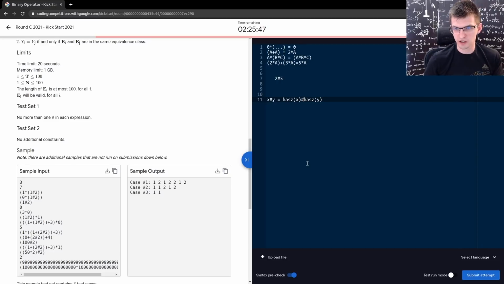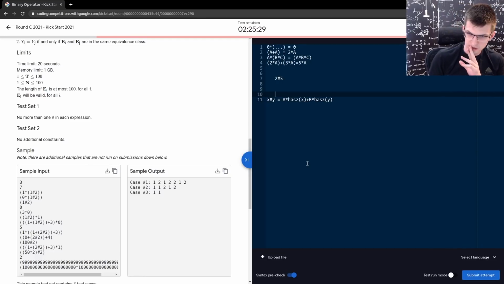Now what is the hash? Should I just say that it's both numbers multiplied by something? With addition? No, with addition that would be bad. No, a and b will be different values. Now does this satisfy some properties? I'm afraid so.